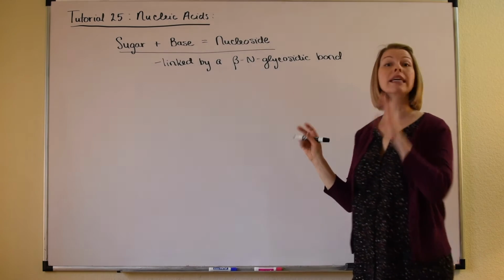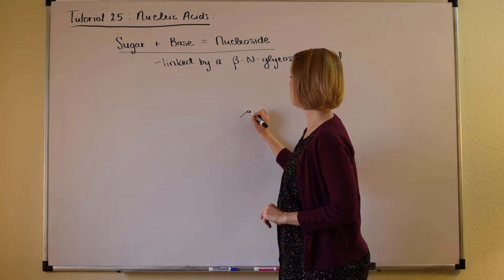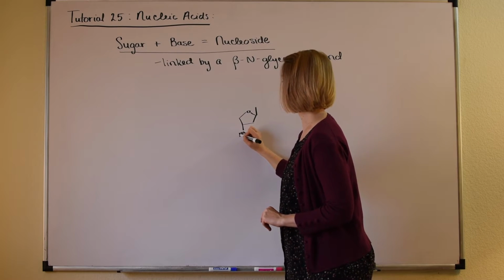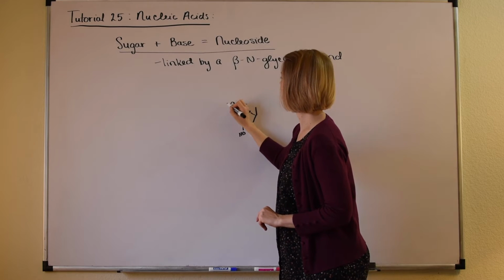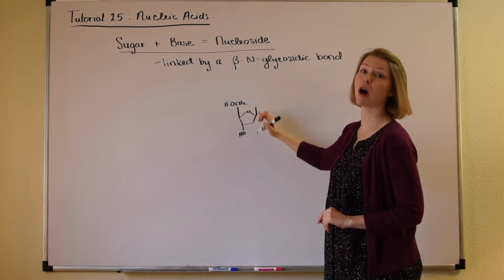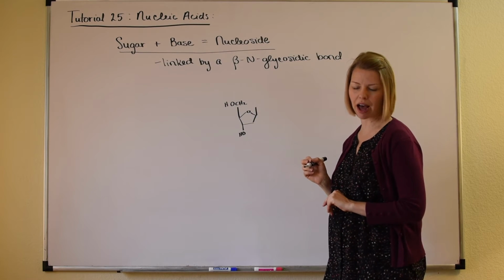And I'm going to show an example of that here. Let's do the sugar deoxyribose. So I'm not going to put an OH here. And then I'm going to show my N-glycosidic bond to the nitrogen-containing base.